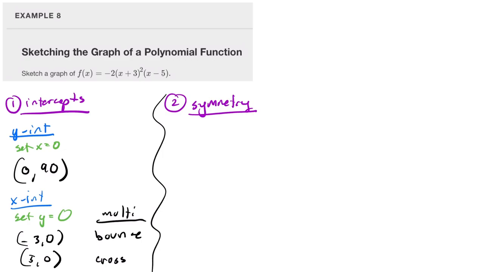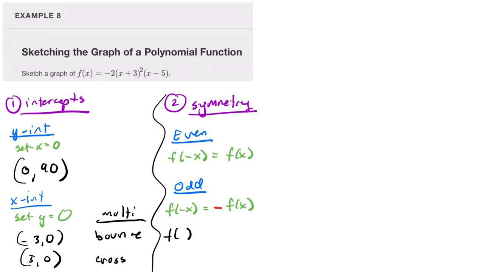The definition of a function being even means what? When we have f of -x, we get back to the original. The definition of a function being odd: when we evaluate f of -x, we get a negative times the original. Okay. So then what we're going to do again is replace each x with -x, simplify, and then see if we can generate one of these two cases.